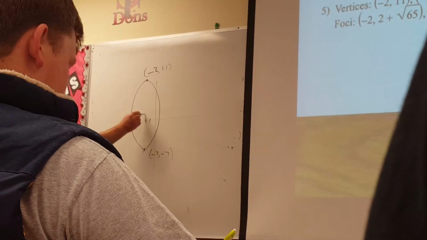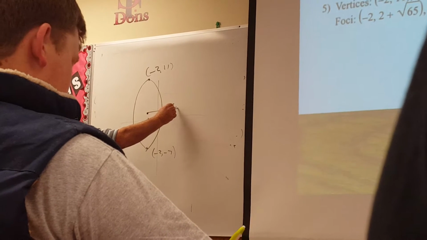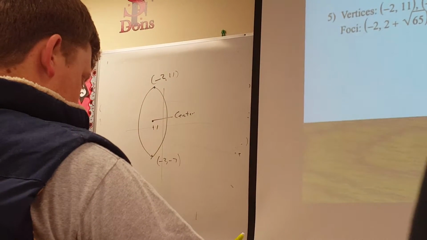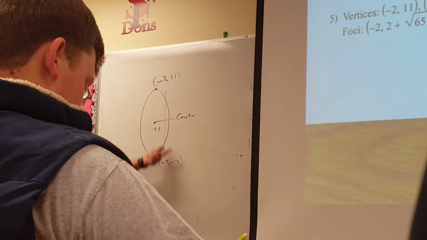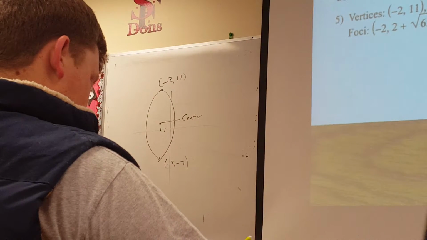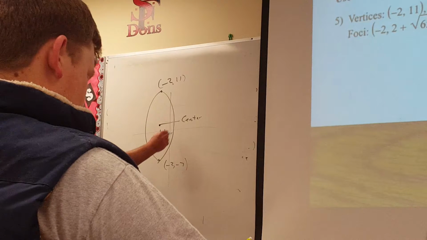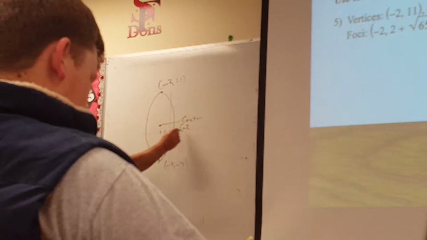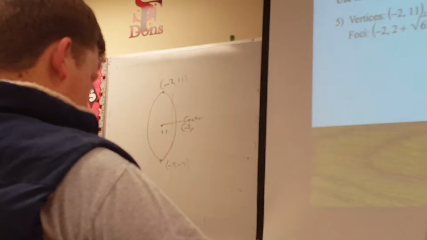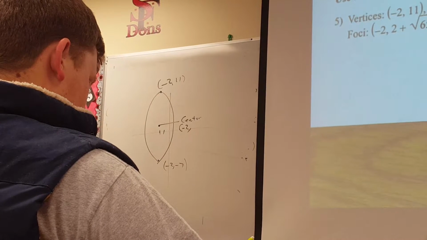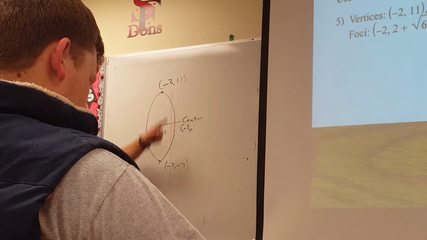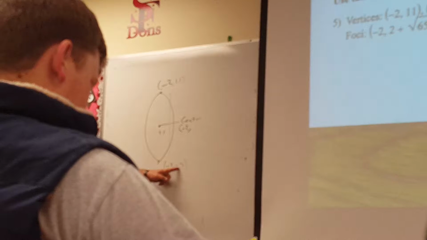I need to know where is the center of this. It's got to be right in the middle of these 2 points, doesn't it? So what's the center going to be? -2 what? How do I find the center? I was at 11 up here, I am down here at -7.